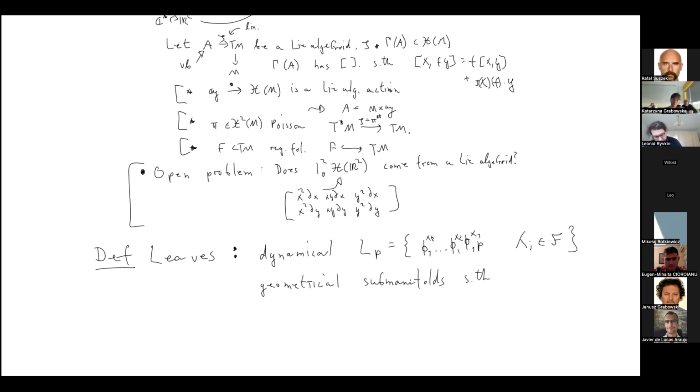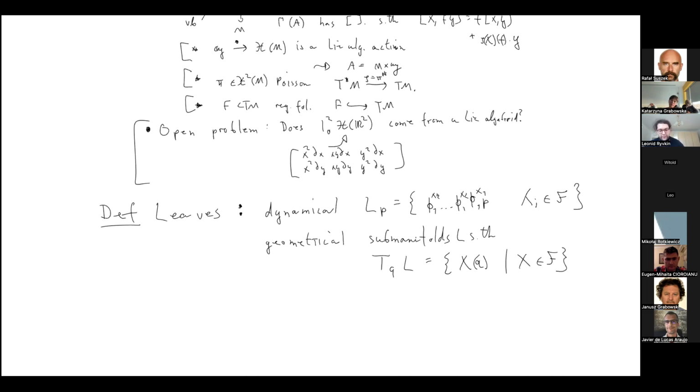So such that the tangent space at any point Q of the leaf is the same thing as if I evaluate at the point Q all the vector fields of the foliation. And this is somehow non-unique, so one could ask for them to be maximal.